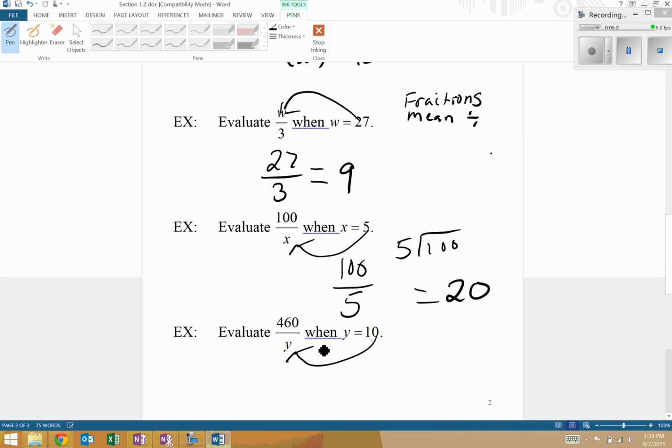Same scenario here. So again, I'm going to rewrite the equation showing all my work. 10 can go into that. You get 46 times. Kind of just cross out zeros there. You get 46 over 1.